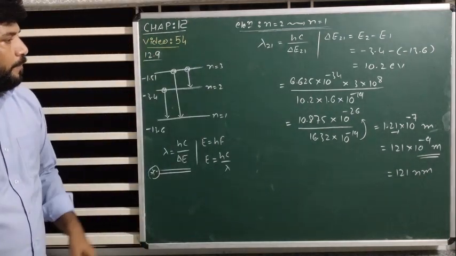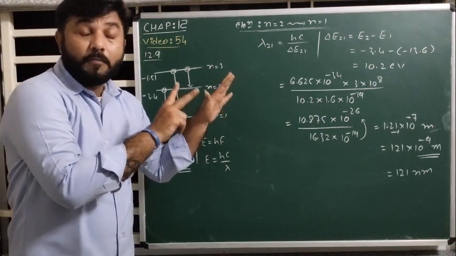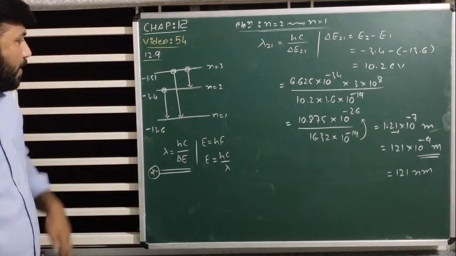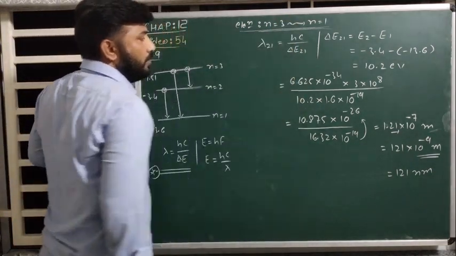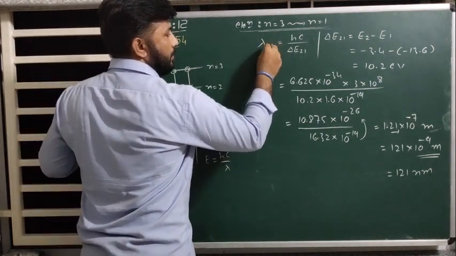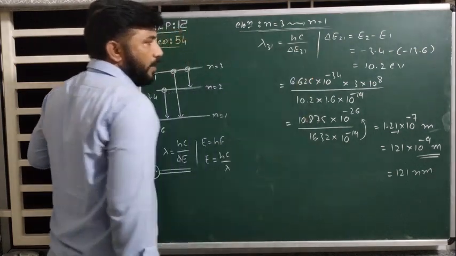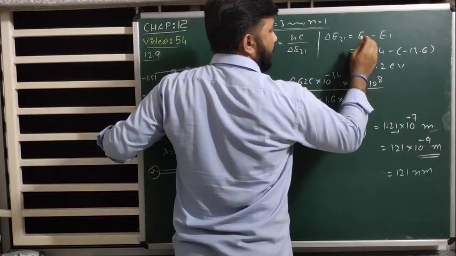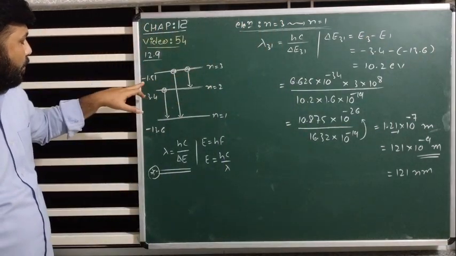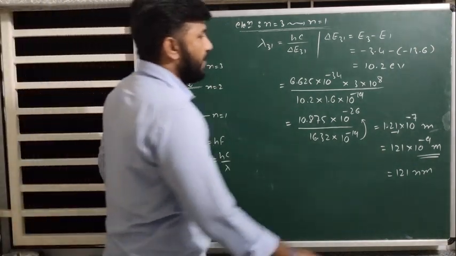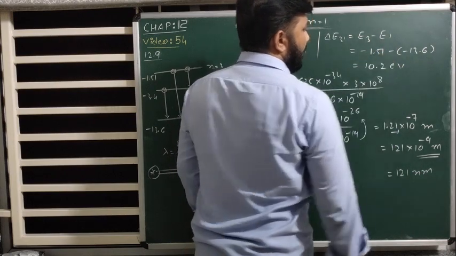Clear? Now in this equation we will do some modification. If the electron transits from n is equal to 3 to 1, here n is equal to 3, and the value is minus 1.51.